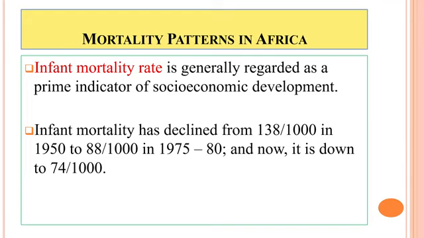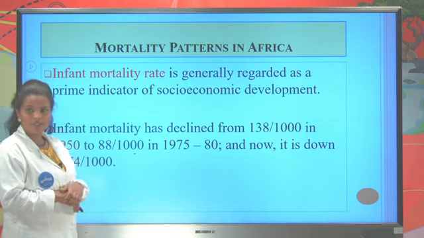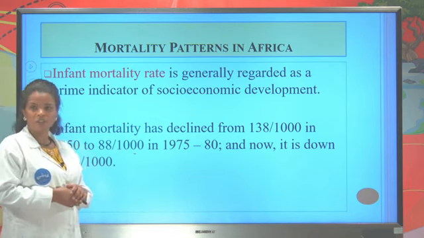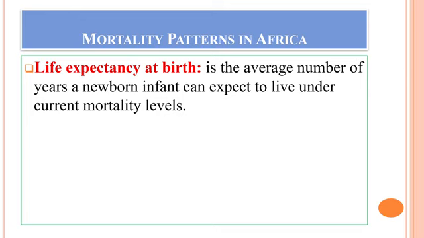The infant mortality rate is generally regarded as a prime indicator of socio-economic development. It has declined from 138 per 1,000 in 1950 to 88 per 1,000 in 1975, and now it is down to 74 per 1,000 in Africa.